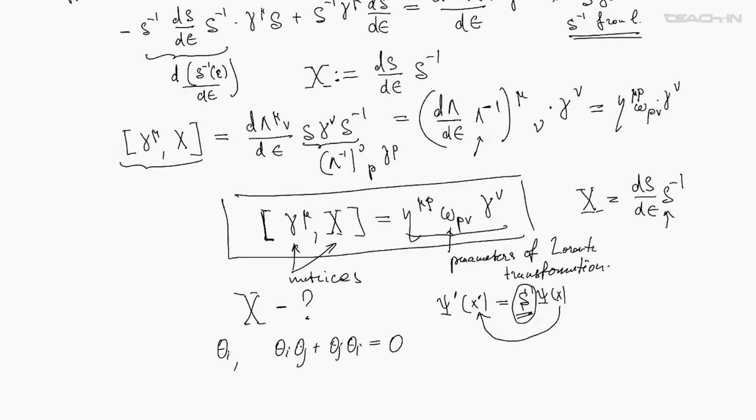This Clifford algebra, which we have introduced here, is different. We have gamma^mu gamma^nu + gamma^nu gamma^mu, and on the right hand side, we have 2 eta^{mu nu} multiplied with an identity matrix.